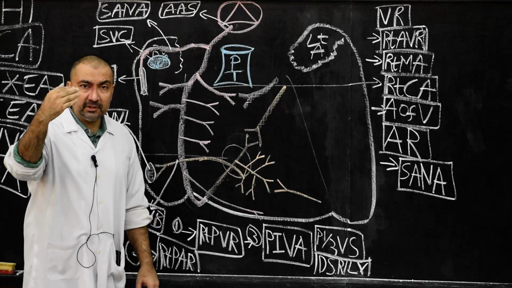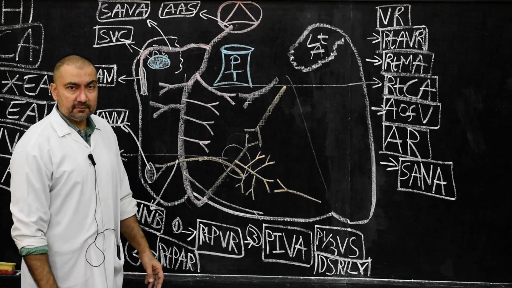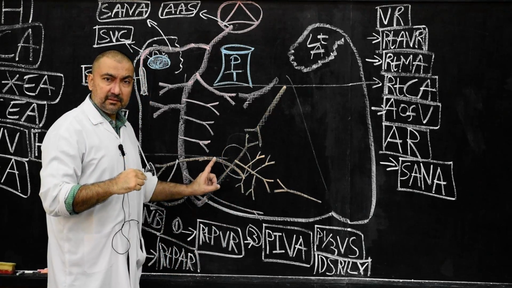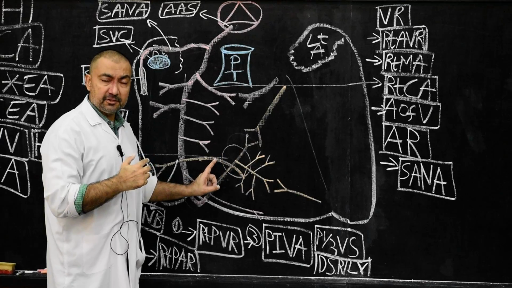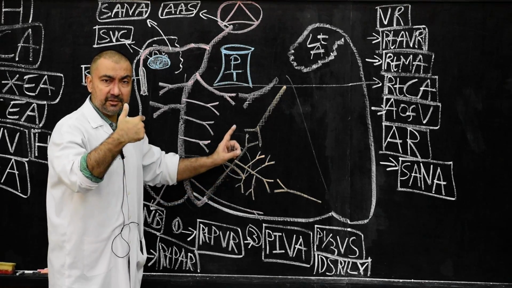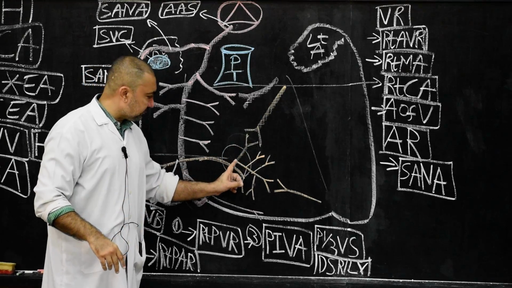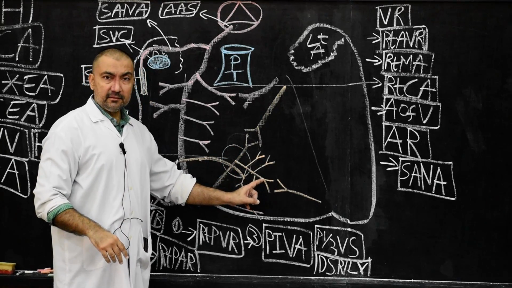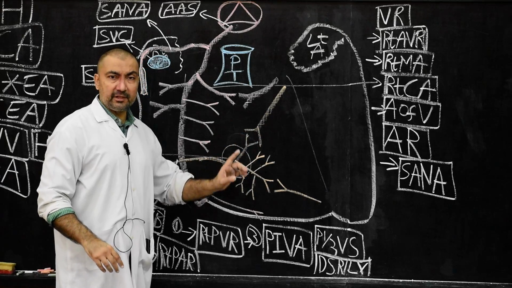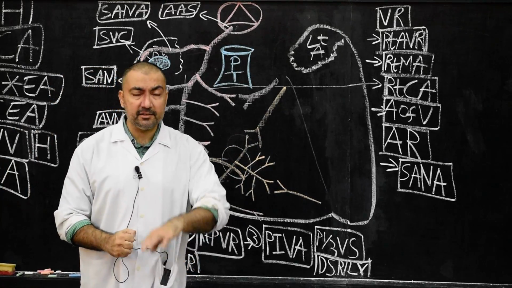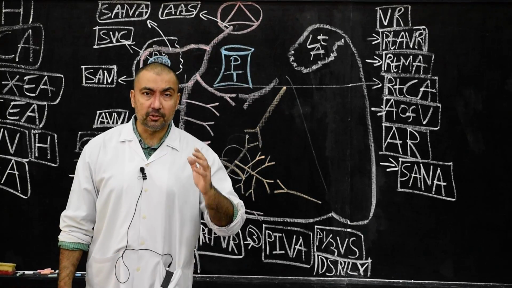So depending upon the origin of the posterior interventricular artery, whether it is a branch of right coronary or a branch of left coronary, the entire heart can be known as right coronary dominant or left coronary dominant.